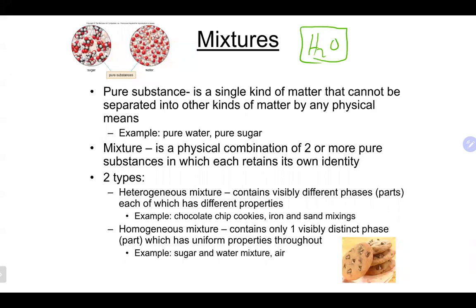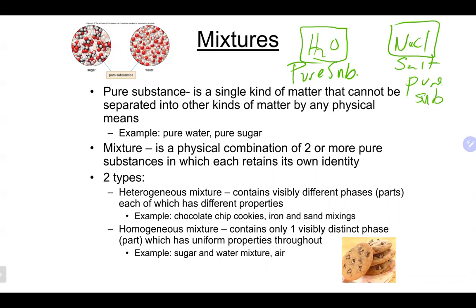So for example, if we have water, which is a pure substance, and we take sodium chloride, which is salt, that's also a pure substance. If we put both of those together, we get a mixture: salt water.